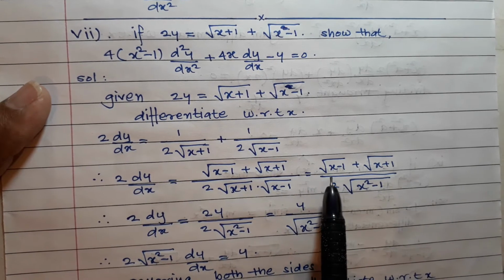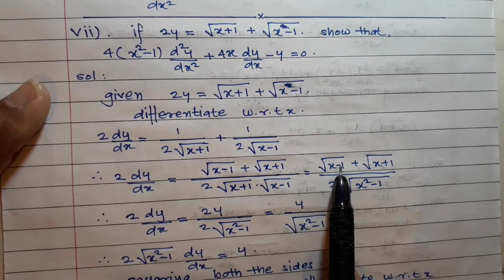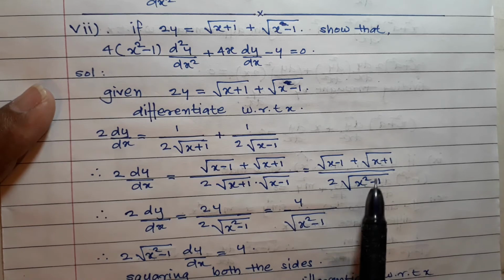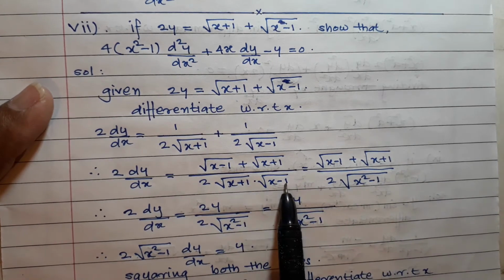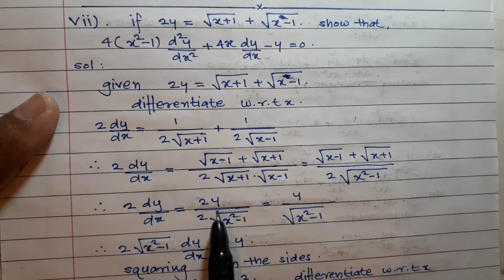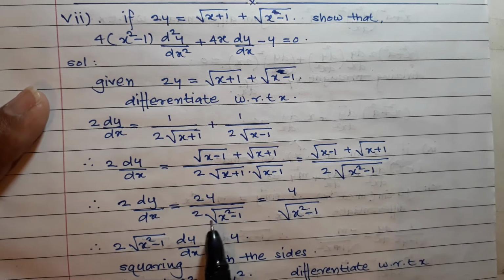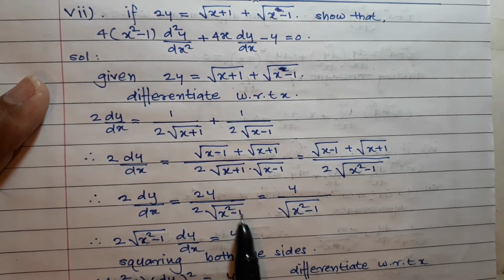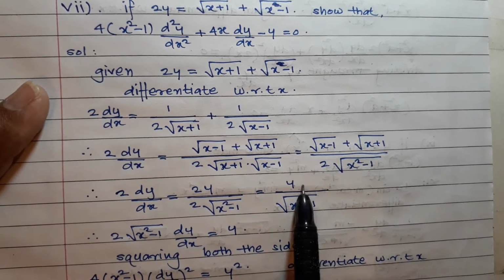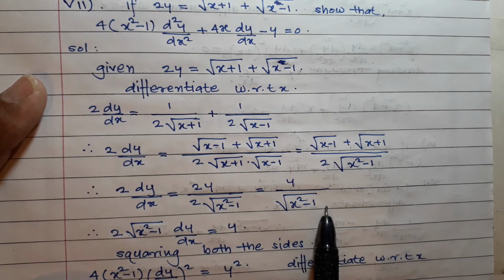So this is equal to root x minus 1 plus root x plus 1 upon 2 root x square minus 1. This and this you simplify. So 2 dy dx is equal to 2y upon 2 root x square minus 1, and 2 get cancelled, is equal to y upon root x square minus 1.